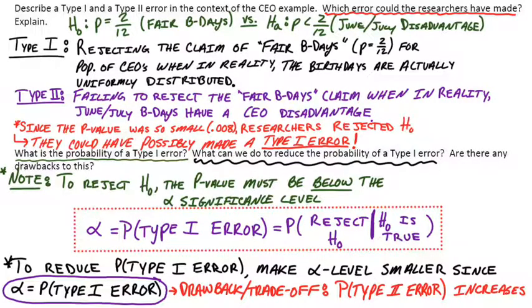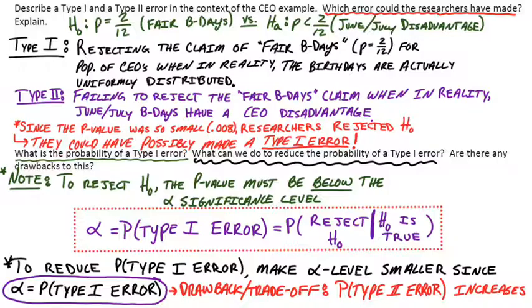Because if you make alpha really small, like 0.005, it becomes almost impossible for us to reject any null hypothesis. So we would just fail to reject almost everything. And if you're failing to reject, that's when you're at risk for a type 2. So if you increase alpha, yeah, you increase the probability of a type 1 error, but you would also increase the probability of a type 2 error. So there's a trade-off there.